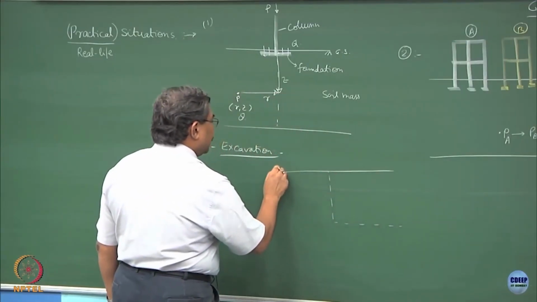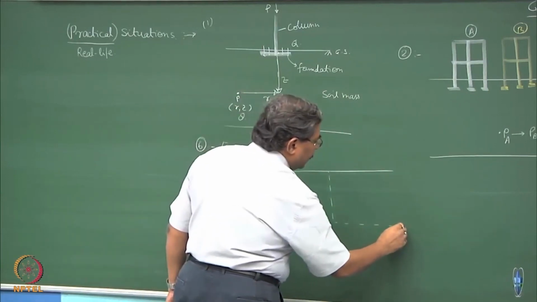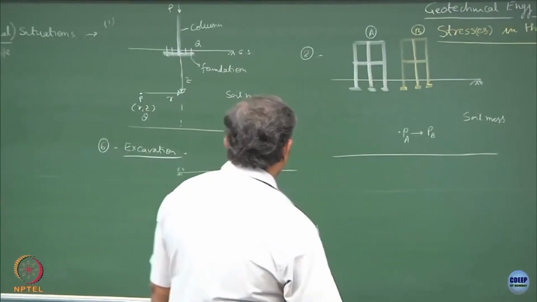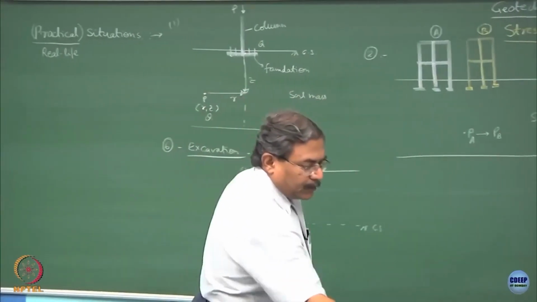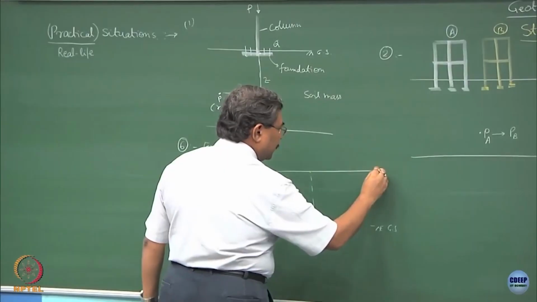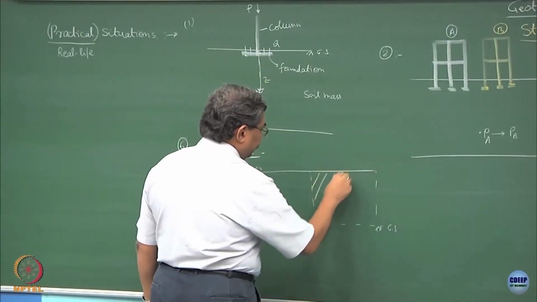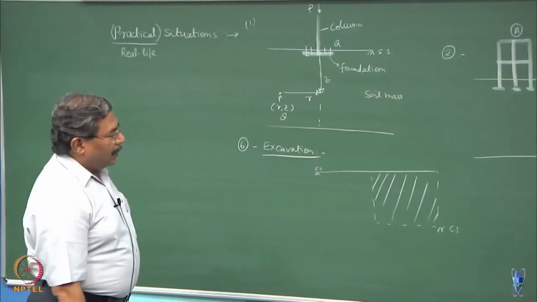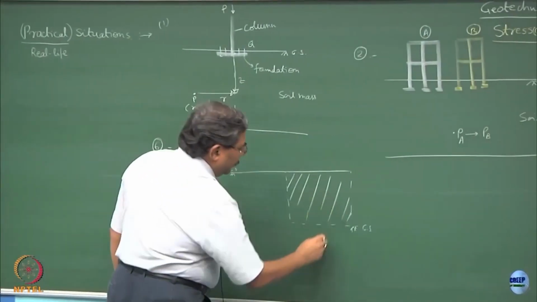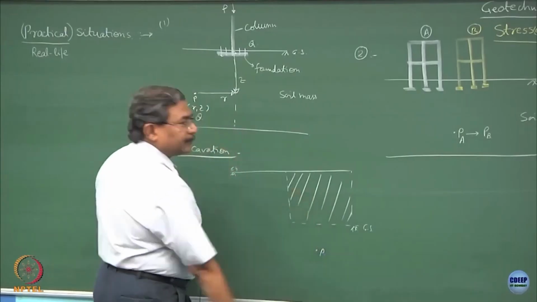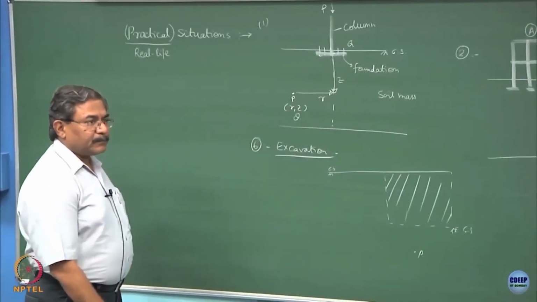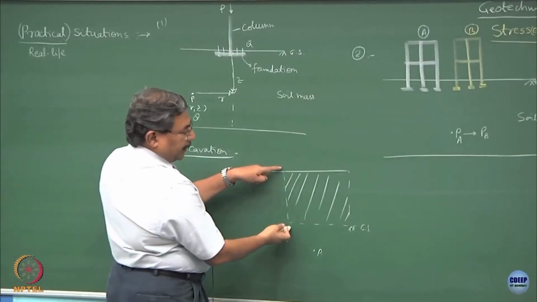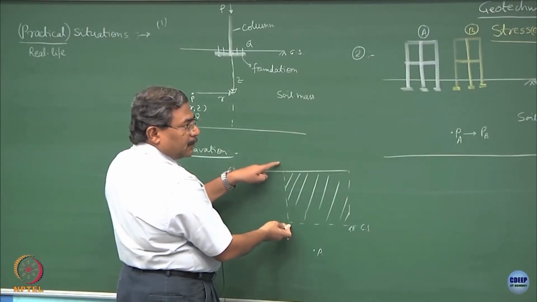So, this is the initial ground surface and this becomes the final ground surface. If I remove this much of the material, this much material has been removed, and I want to find out after removal of this material what is the state of stress at this point, because ultimately this system has to stay stable, is unsupported.